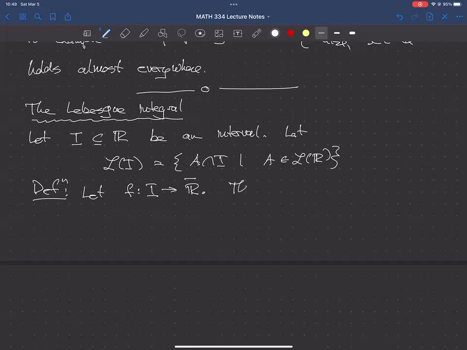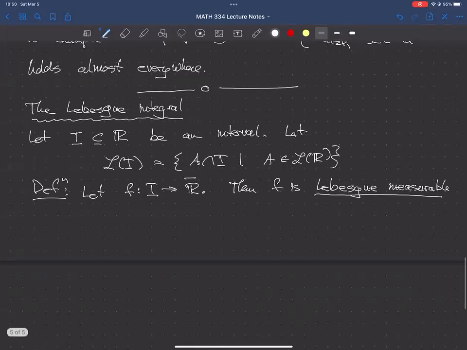Then f is what's called Lebesgue measurable as a function. We had Lebesgue measurable sets; now we're talking about Lebesgue measurable functions, and the definition is this.